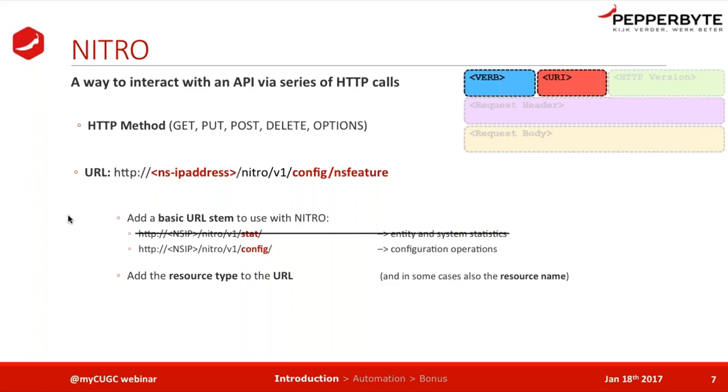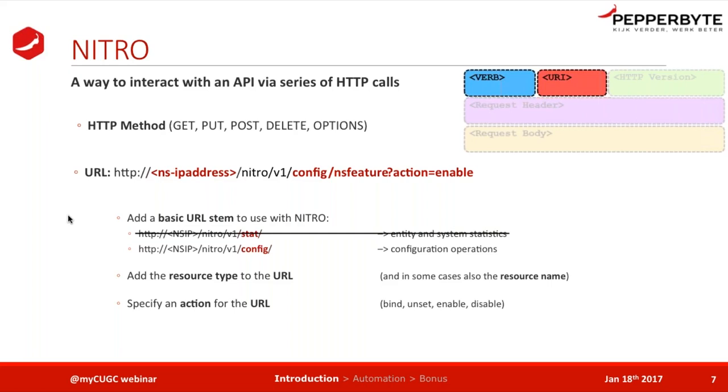But that's not all, because NITRO still has no idea which resource, so to speak, I want to interact with. So I need to provide a resource type in the URL as well. And in some cases, if I'm addressing a very specific resource, I need to also provide the resource name. And if we are talking about the NetScaler features that I have used as a resource type in this example, there are two distinctive actions that I can perform on that.